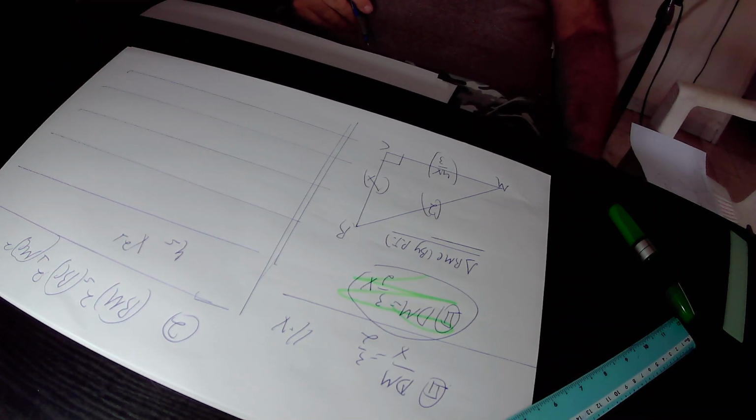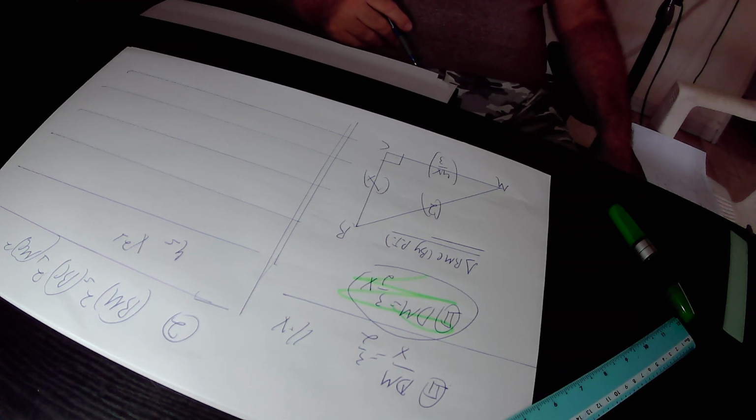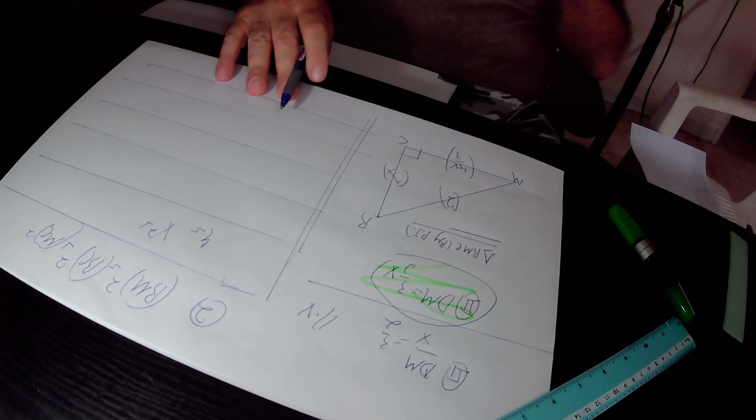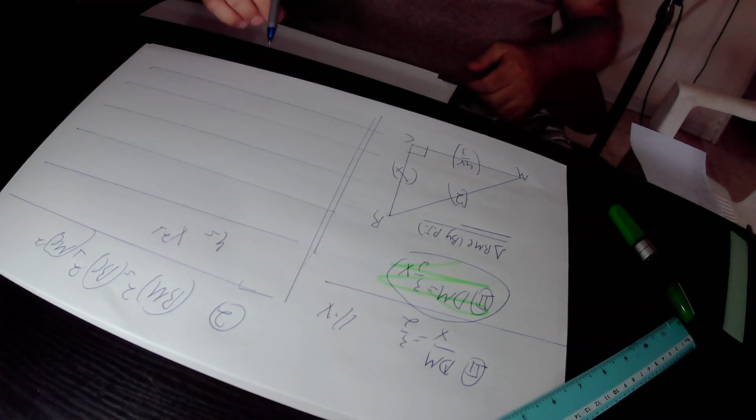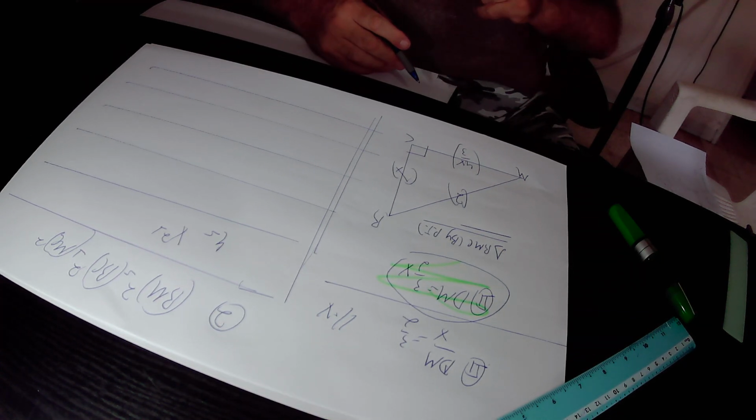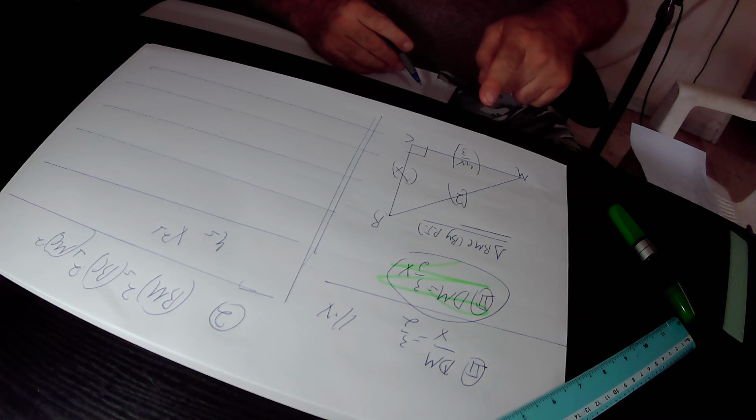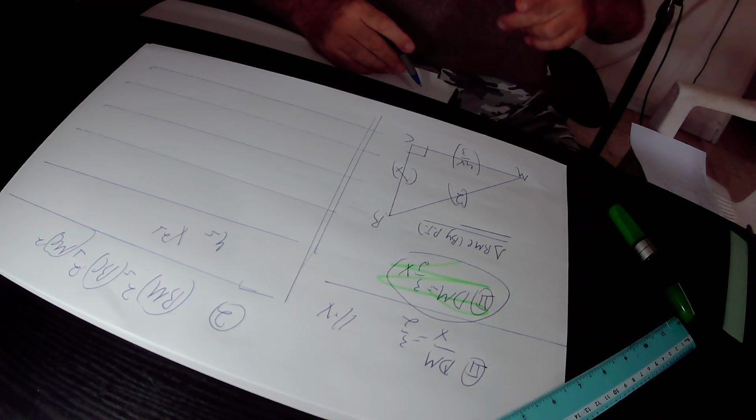MC is 4x over 3, therefore MC squared is (4x over 3) squared. Four x over 3 squared is 4 squared, that is 16, over 3 squared, that is 9. So in total, (4x over 3) squared is 16x squared over 9.